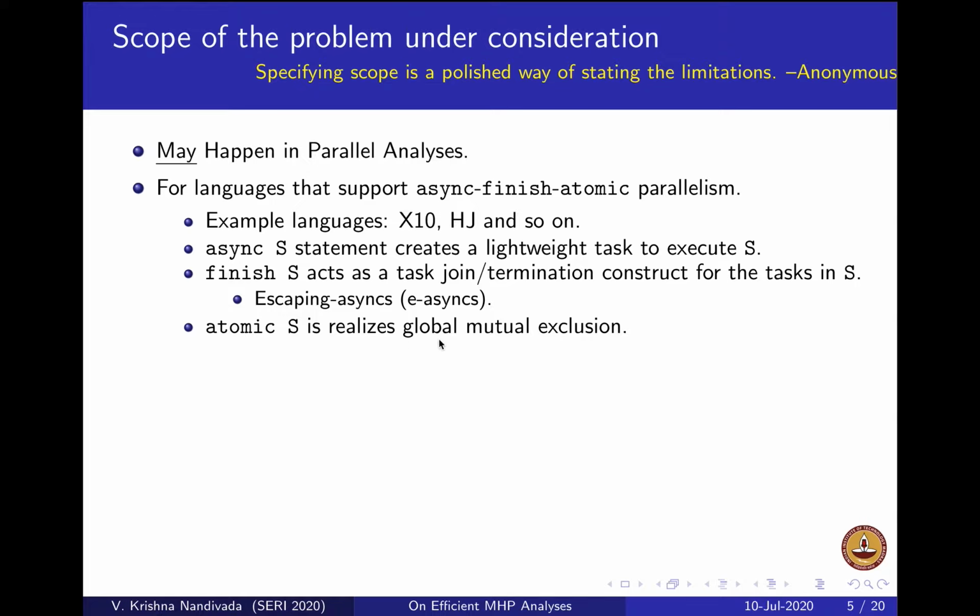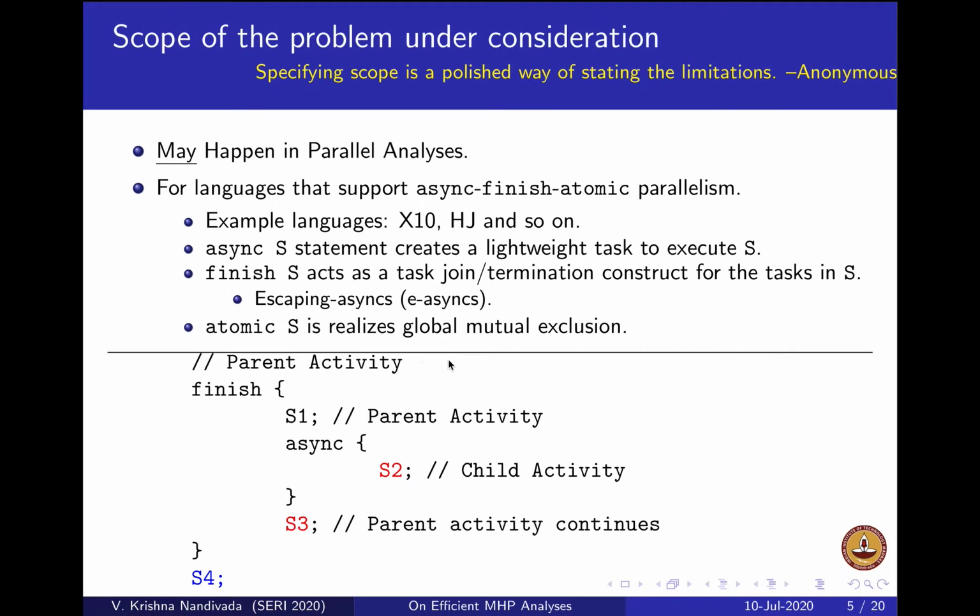We will also talk about something called an escaping async. We will see that using an example. Look at this example here. I have a finish that is part of a task. Let's call that task the parent task. In that I'm executing statement S1, and after executing S1 there is an async.